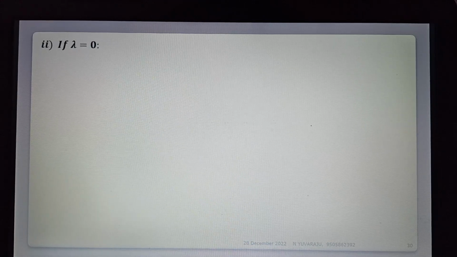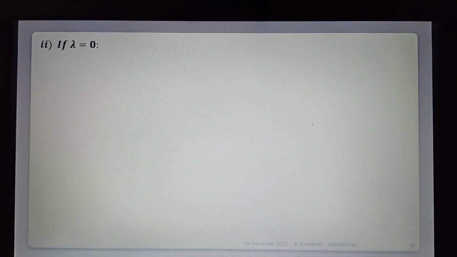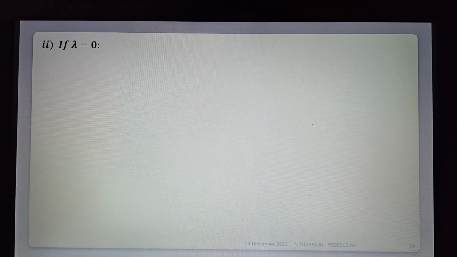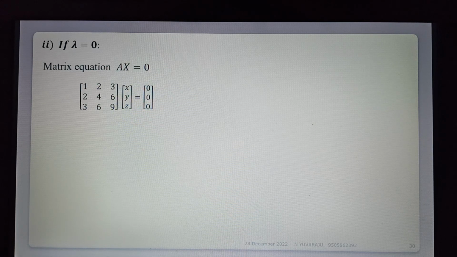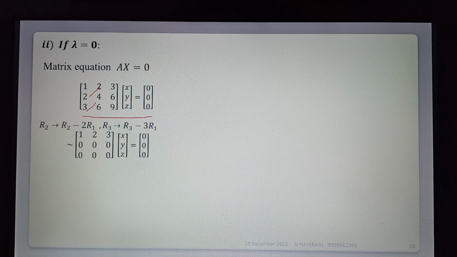If lambda is equal to 0, substitute 0 for lambda. So the matrix equation is Ax is equal to 0, where A is equal to the matrix [1, 2, 3; 2, 4, 6; 3, 6, 9]. Same as before, convert this to row echelon form using R2 minus 2R1 and R3 minus 3R1, making these elements 0. So that is equal to [1, 2, 3; 0, 0, 0; 0, 0, 0].